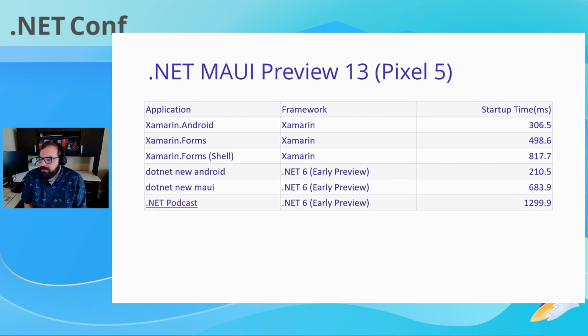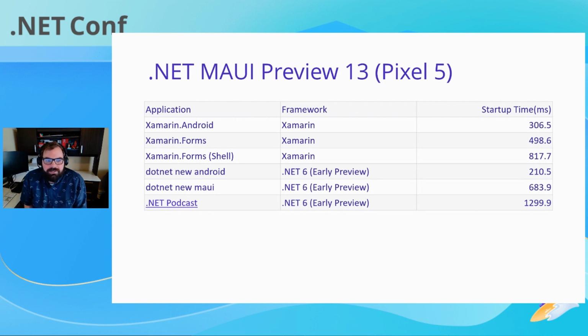And what that told us is that just using .NET 6 in general is faster than what we saw with Xamarin. There were improvements in the runtime, there were improvements in the BCL. All of those changes moving from back then it was just Mono and moving to actually .NET, we saw some good improvements there.